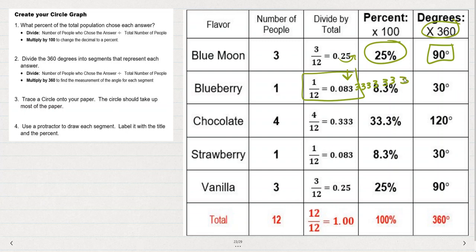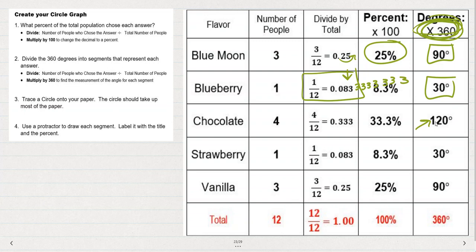I'm going to keep that number in the calculator and then do times 360, and that's how I get this 30 degrees. Same thing with 4 divided by 12. We get a repeating 3. And when I leave that in the calculator, 0.333333 all the way to the end, times 360, I get the 120, and so on.